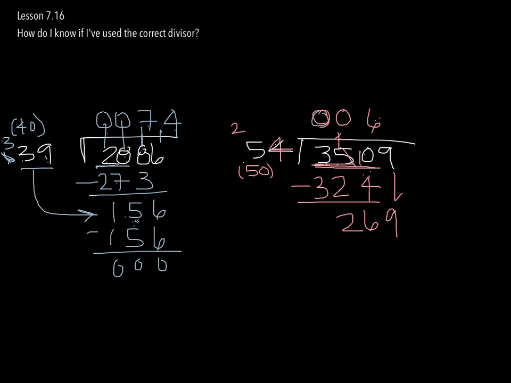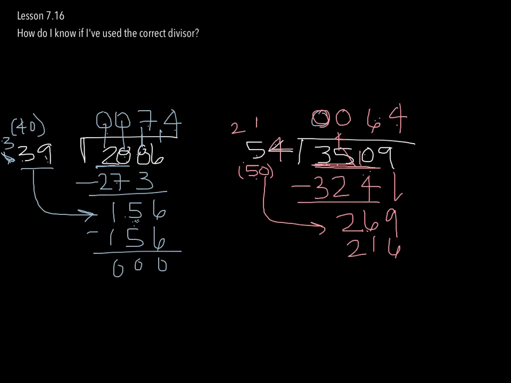So the question is, how many 54s can go in 269? I'm going to guess maybe 5, no, let's go with 4, because 50 would be 5, but 54 is a bit more, so let's go with 4 and see. 4 times 4 is 16, carry the 1. 5 times 4 is 20, plus 1 is 21.